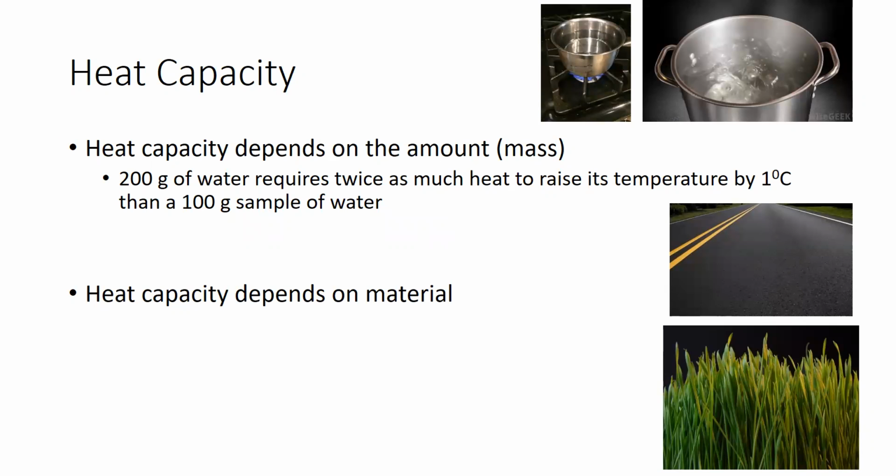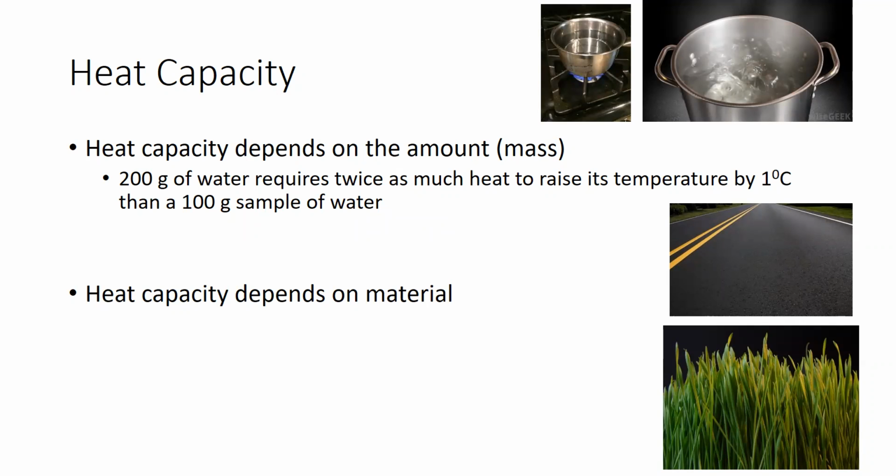Right. So let's move on now to talking about heat and heat capacity. Heat capacity is the amount of energy it takes to raise a temperature by 1 degree Celsius.